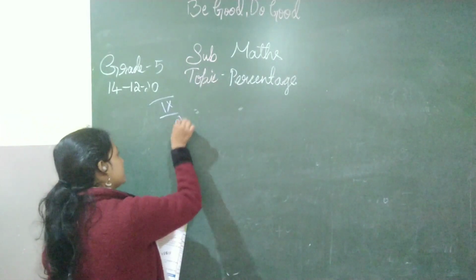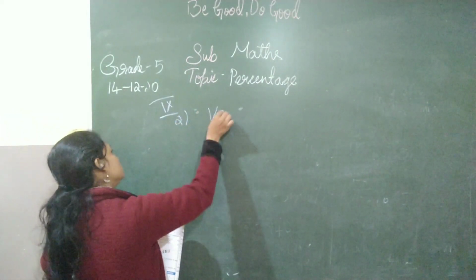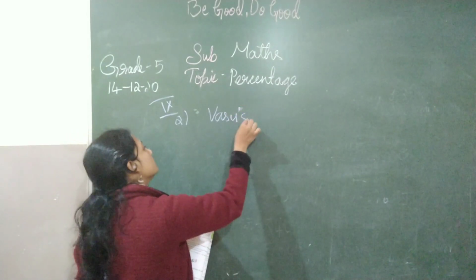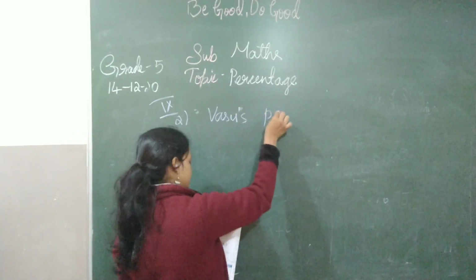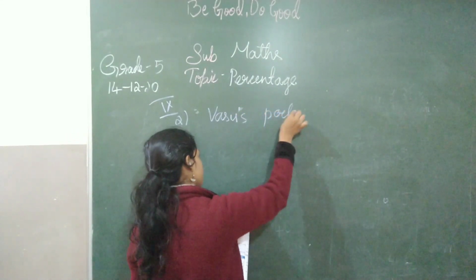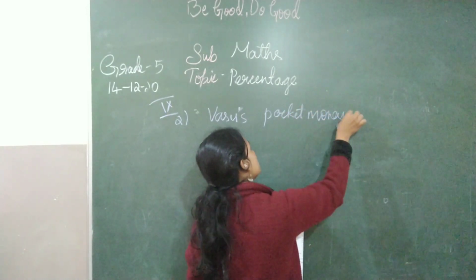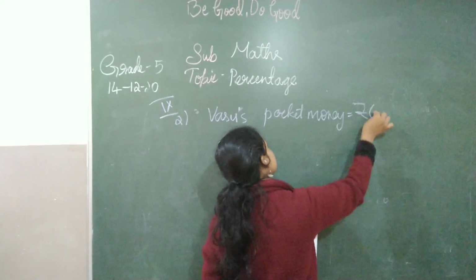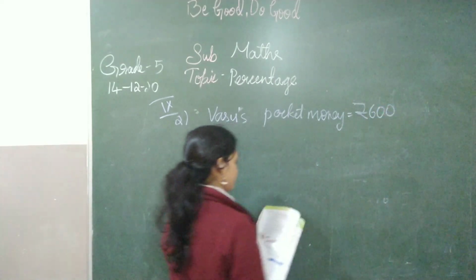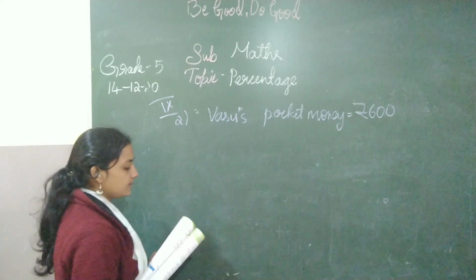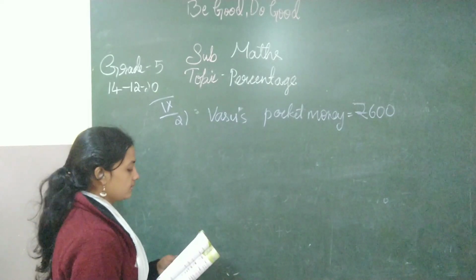So first statement will be Vasu's pocket money is equal to rupees 600.